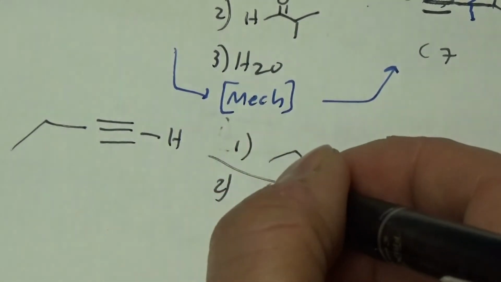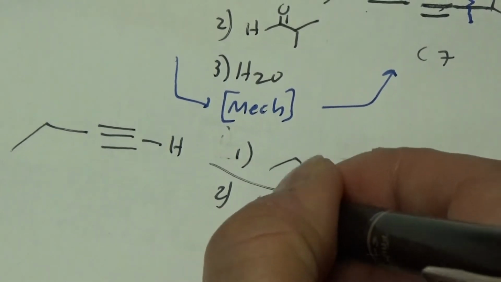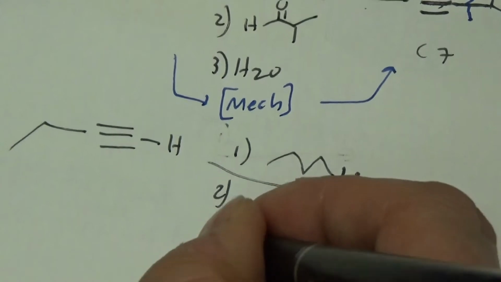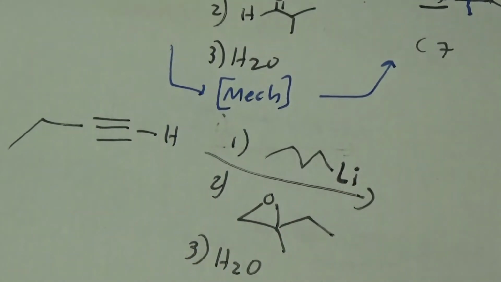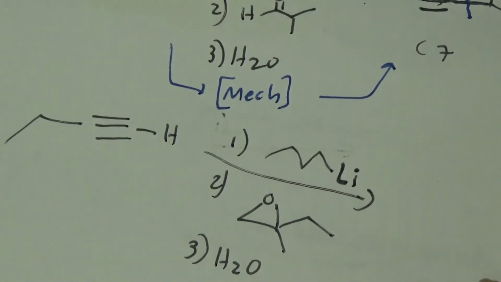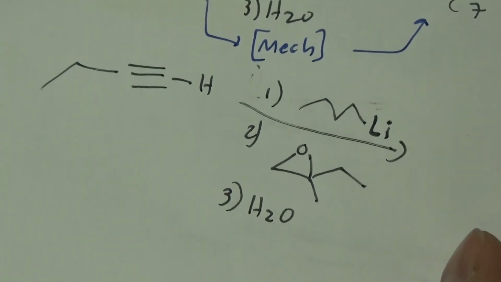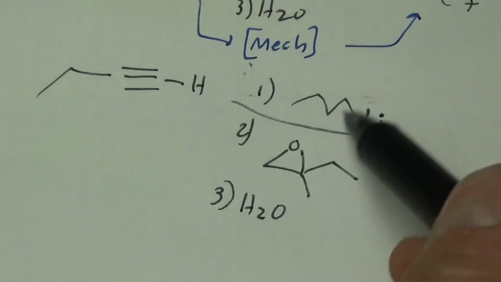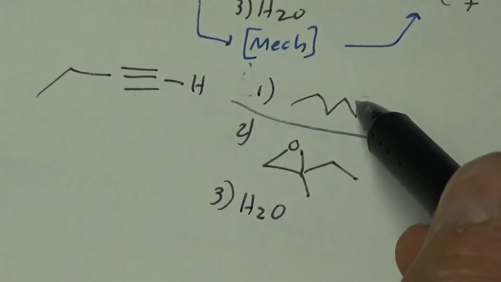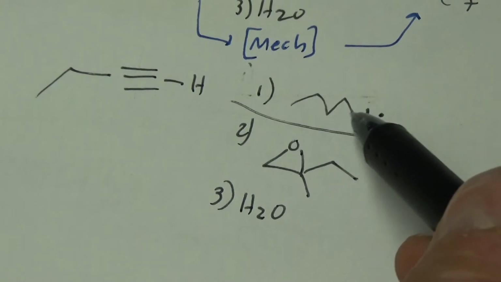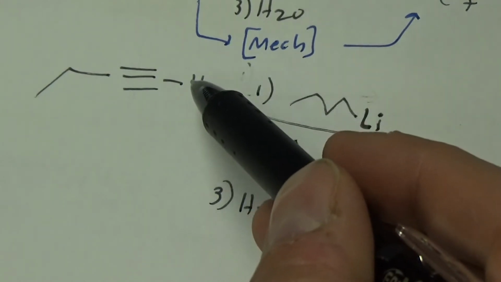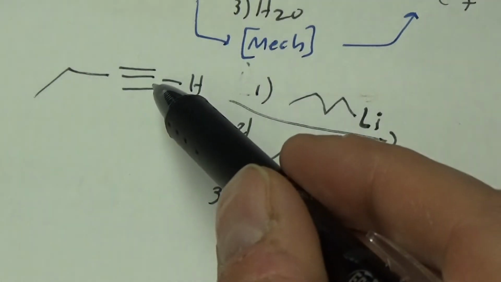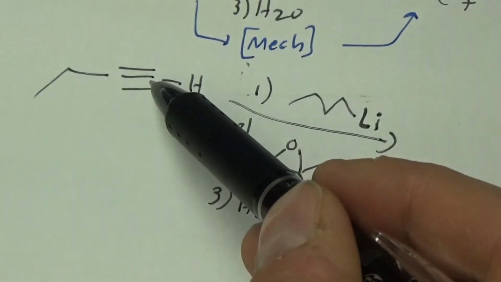Let's pick an epoxide now. I'm going to let you do the mechanism, but basically what is the mechanism? The alkyl lithium, circle the bond, it attacks, kicks the proton, kicks the electrons onto the alkyne, makes an alkynyl anion, 1, 2, 3, 4 carbons, right?